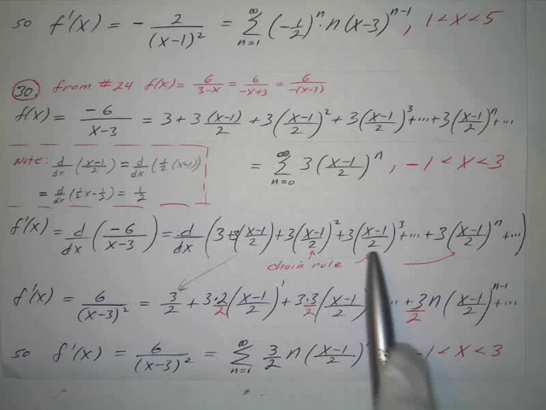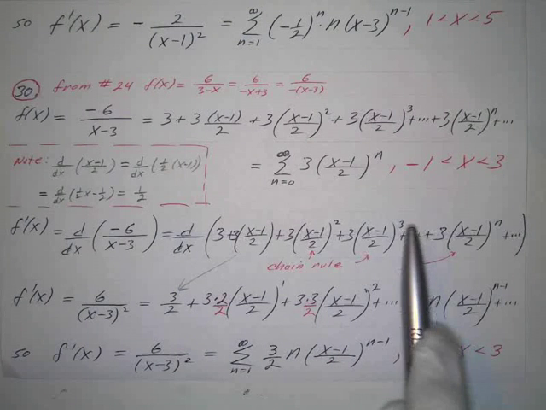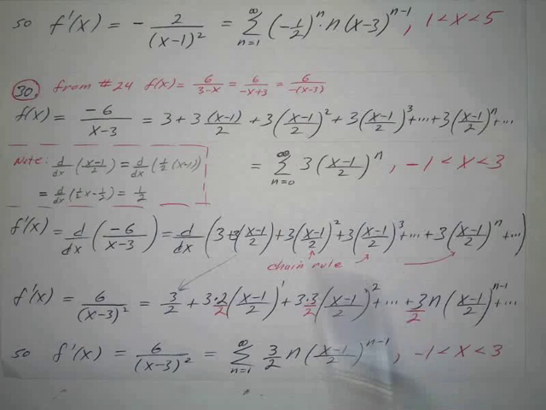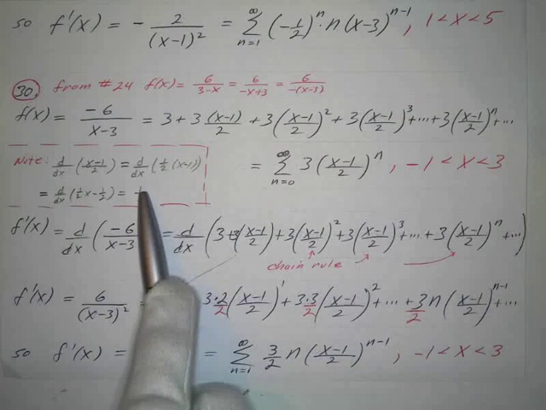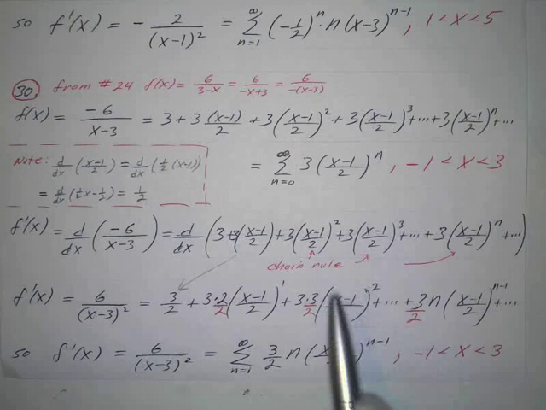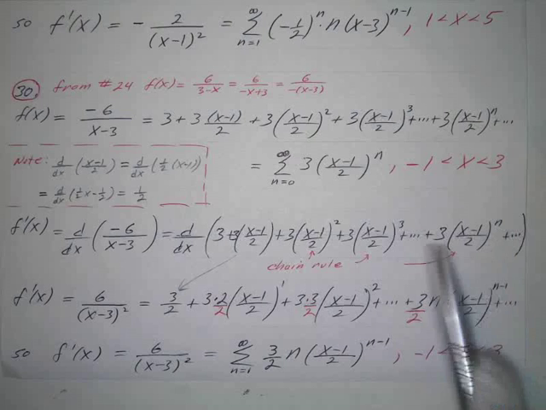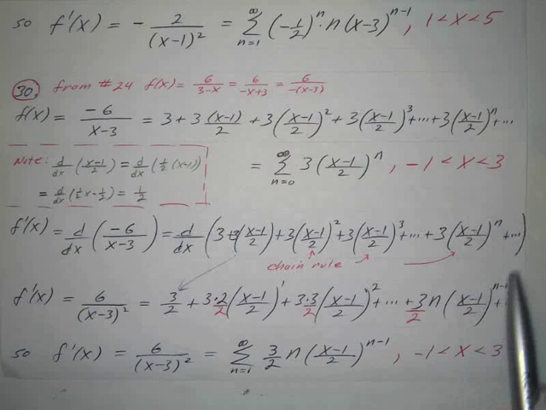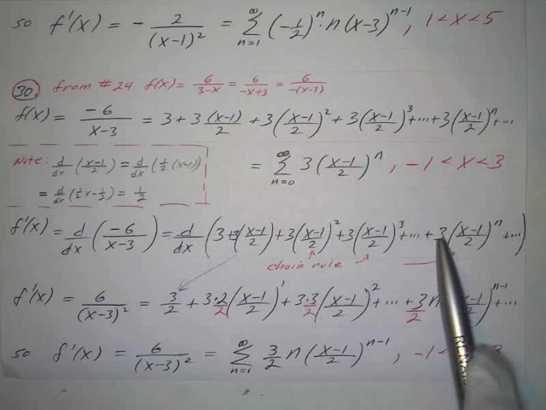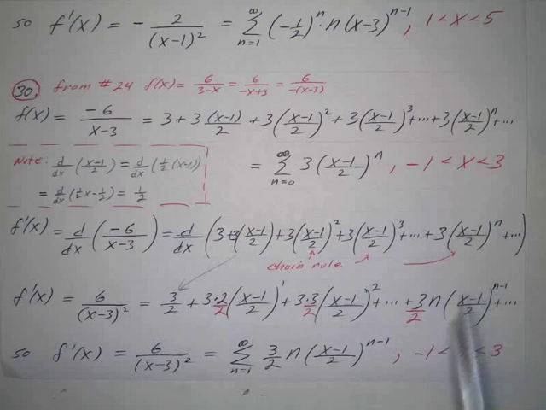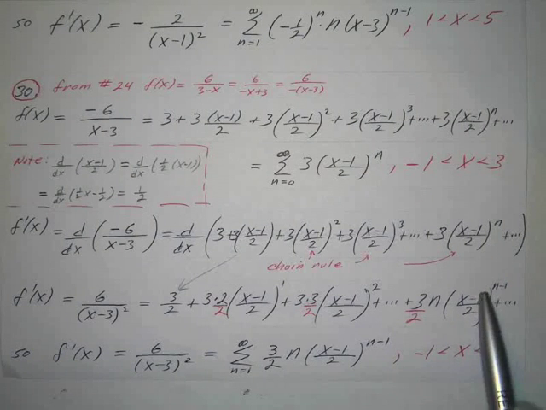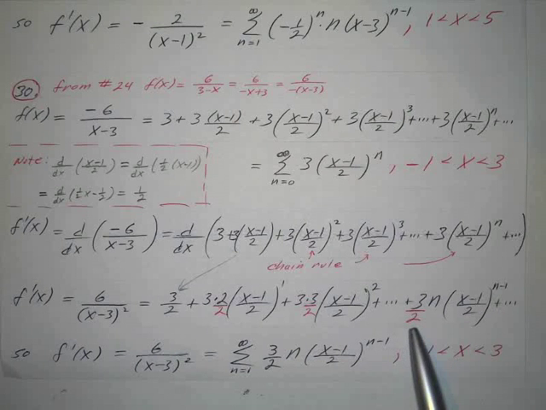Same idea here. 3 times 3 is 9 times x minus 1 over 2 squared, but then I have to multiply by the derivative of the inside, which is 1/2. So that's where these red 2's come from. So this is what we have. So watch that chain rule. And this is my general term. So if I take the derivative, my constant stays out in front, then the n goes in front, x minus 1 over 2 to the n minus 1, but then the derivative of this is 1/2, so that's where that red 2 comes from.